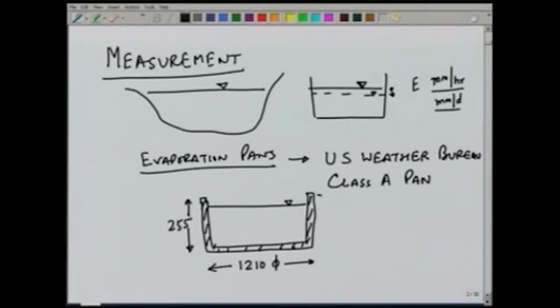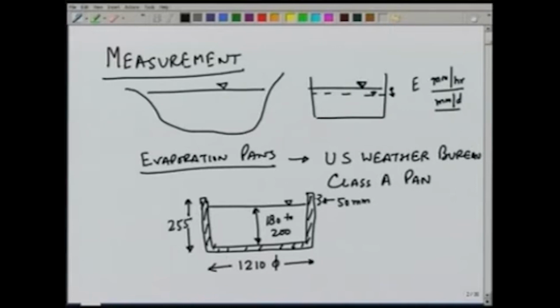The water level typically is 50 millimeter below the top, and this depth of water within the pan we try to maintain at 180 to 200 millimeter. So, we start with about 200 and then when the water level goes down to about 180, we again fill it up to make this level up to the original level, 50 millimeter below the top.